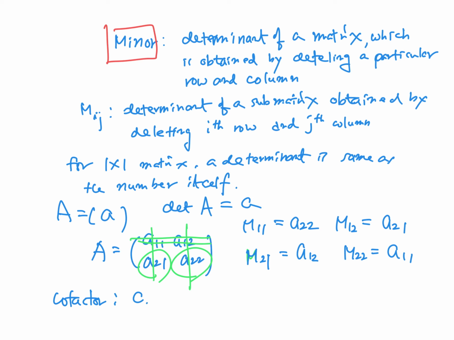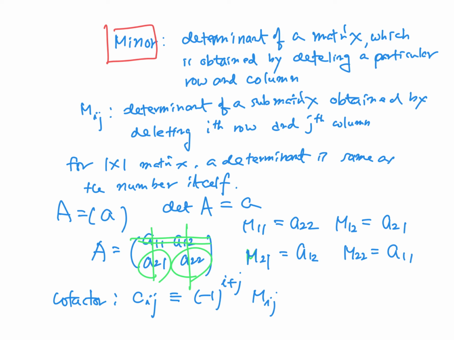The cofactor is defined by C_ij equals minus 1 to the i plus j times M_ij.